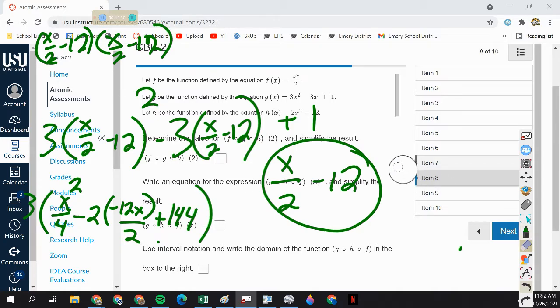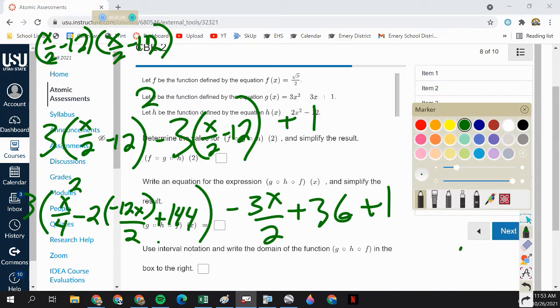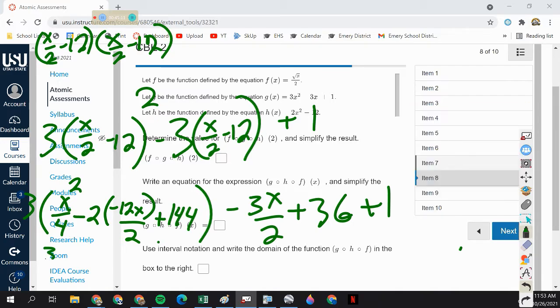And then minus 3x over 2 plus 36 plus 1. What a mess. Okay. So 3x squared over 4.